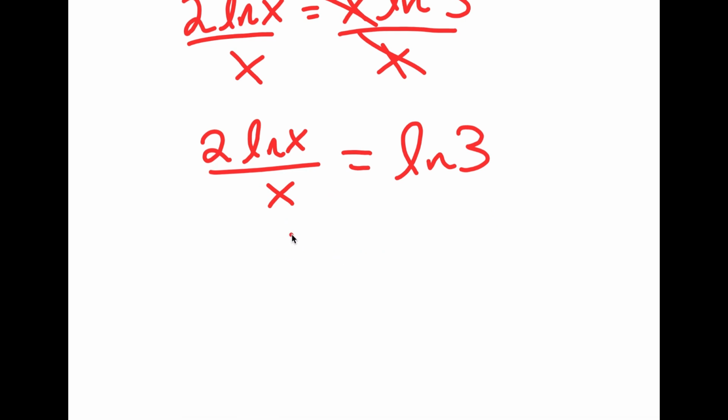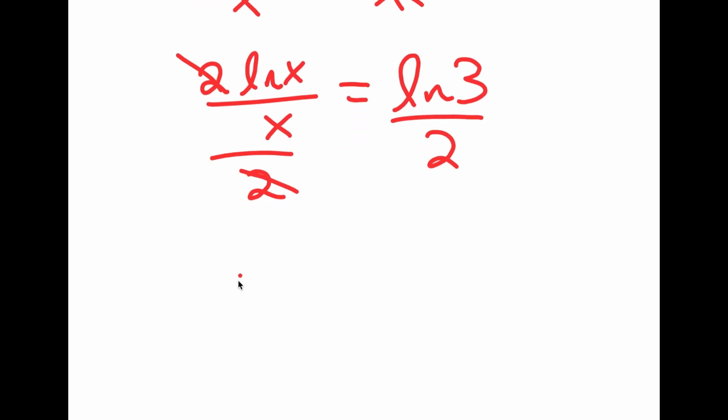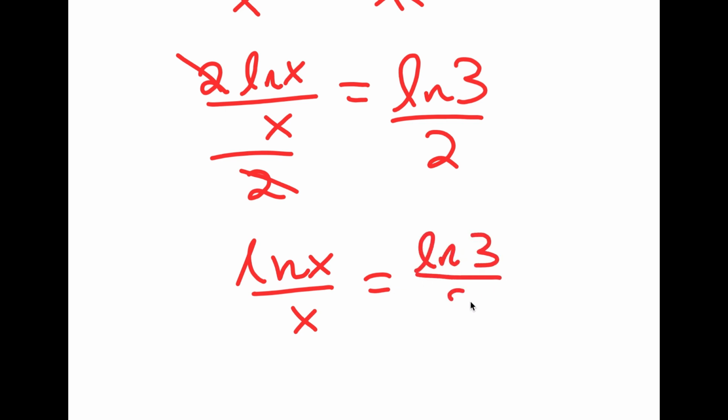And now I'm going to divide both sides by 2. So then these two 2's cancel out, and I'm going to be left with ln x over x is equal to ln 3 over 2.